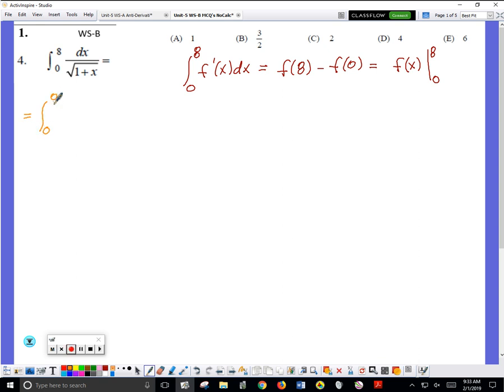Let's put this on your paper. 1 over square root 1 plus x multiplied by dx. And what Brendan is saying correctly is this, that's f prime.